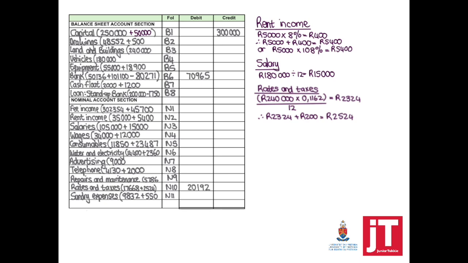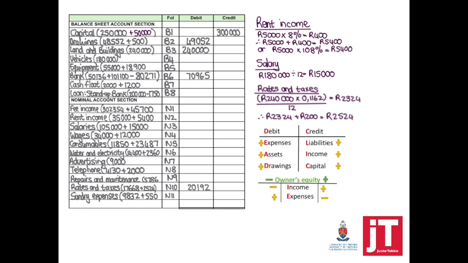Right, so by closing the brackets, it means we start with capital, account number B1, and we've already said our new balance is 300. Drawings, close the bracket, our new total on the debit side, D4. It will always be debited. There were no changes to land and buildings on the debit side because it's an asset, 240,000.